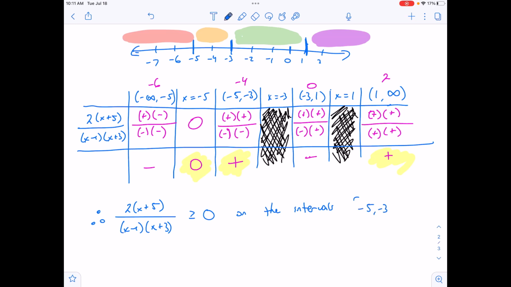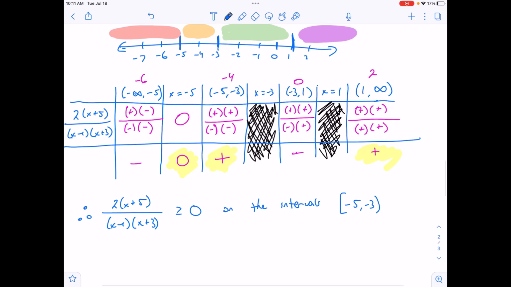I'm going to use a square bracket for -5 because I do need to include the fact that it's equal to 0. -3 though, that's one of our vertical asymptotes, so I'm going to include a soft bracket at the end there. And then I'll write my union. And then my second interval is between 1 and positive infinity. Infinity always has a soft bracket, and then 1 again is our vertical asymptote, so we have to use a soft bracket there.